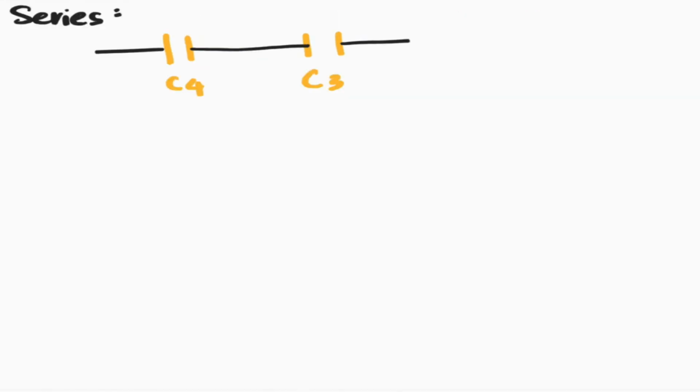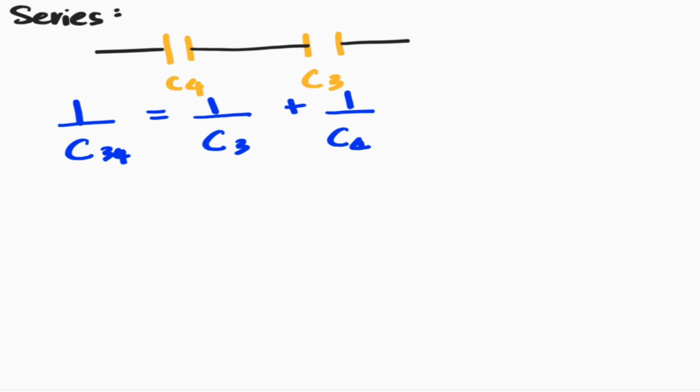From the circuit, we know that C3 and C4 are connected in series. So we combine these capacitors. So 1 over C34 equals 1 over C3 plus 1 over C4.